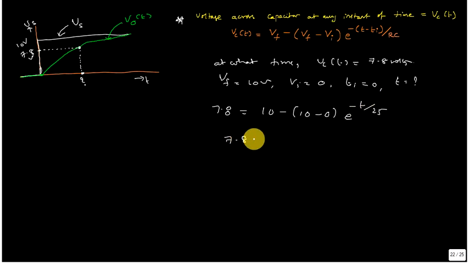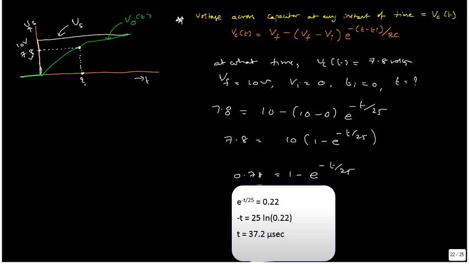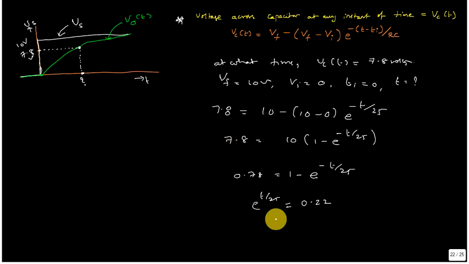So 7.8 is equal to 10 into (1 minus e power minus t by 25). 0.78 is equal to 1 minus e power minus t by 25. So e power minus t by 25 becomes positive on this side, and 0.78 on the other side becomes 0.22. From this, t will be around 37.2 microseconds. The value is not exact, it is approximate.